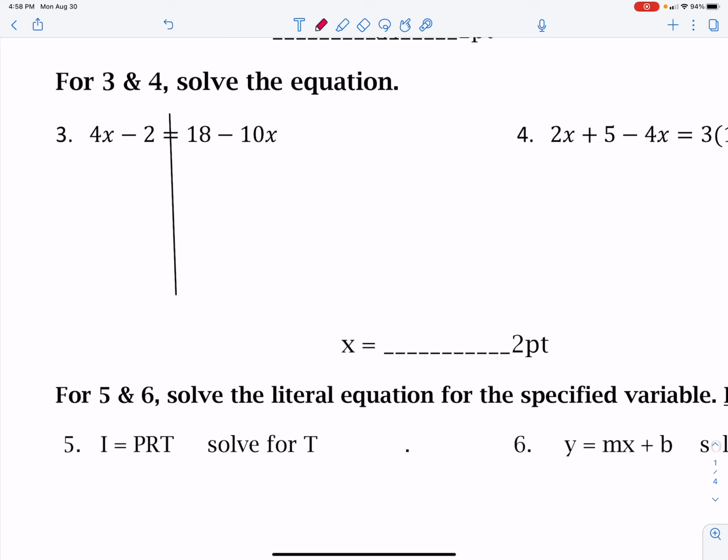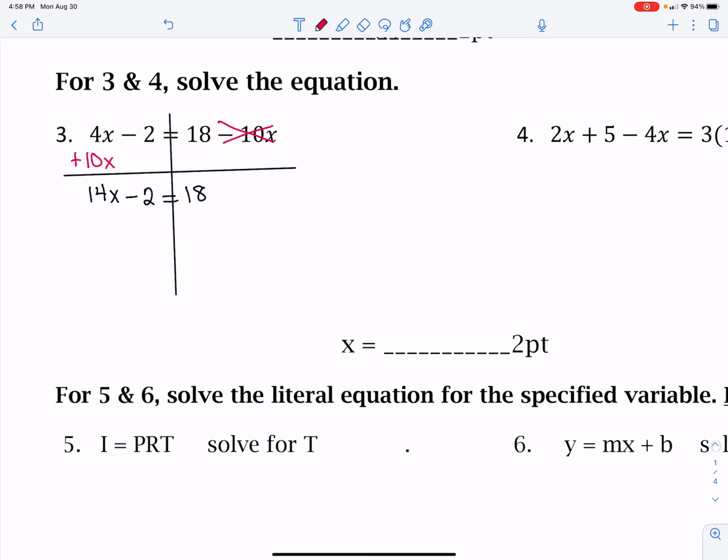However, I can move over the 4x, but in this case, like I said, I'm just going to move over the smallest x term. So instead of having negative 10x on the right side, I'm going to get rid of that, and I'm going to add 10x on the left side. So that gives me 14x minus 2 is equal to 18.